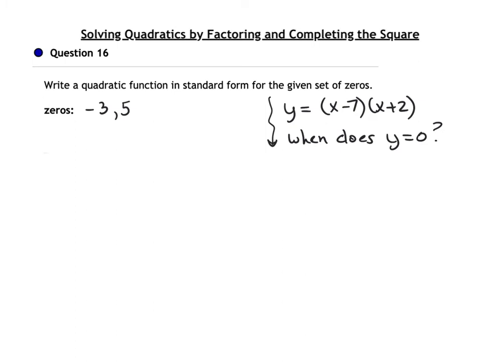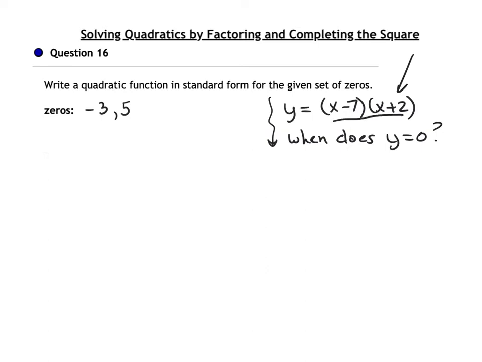The last concept in this lesson, which is easier than what we just did, is how do we write a function with a given set of zeros, with a given set of x-intercepts? And it turns out not to be too difficult. Go back to what makes a solution. When does y equal 0?